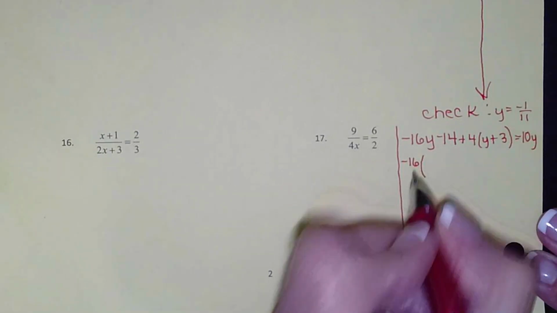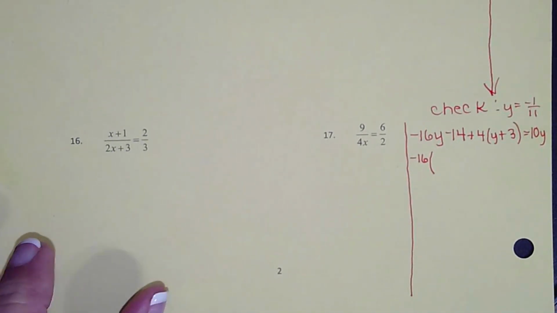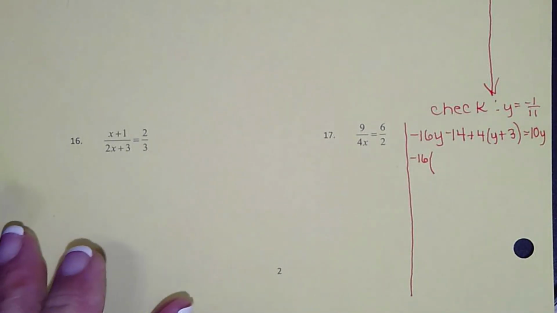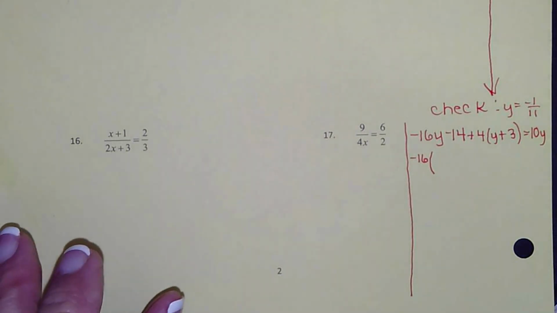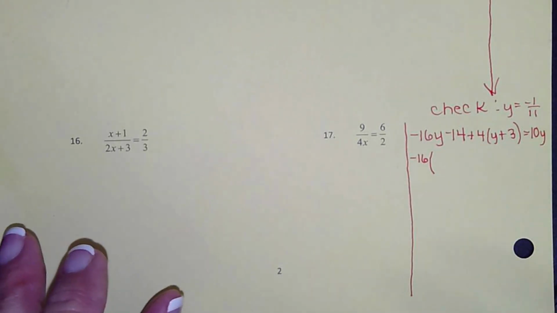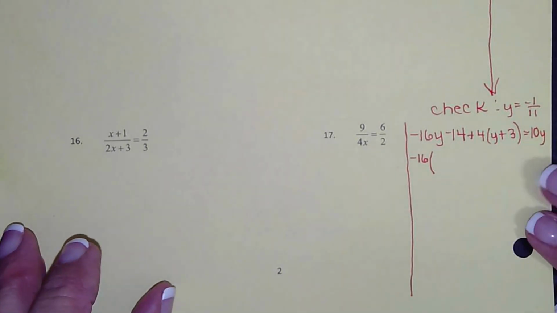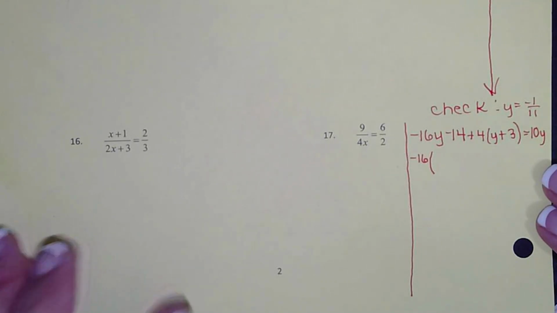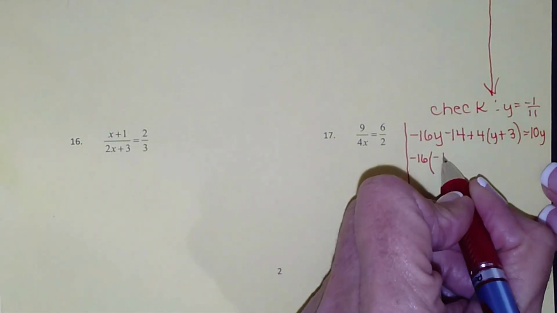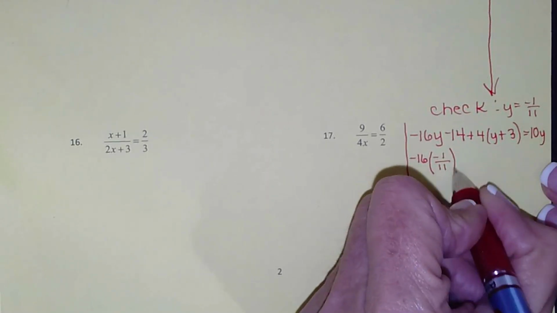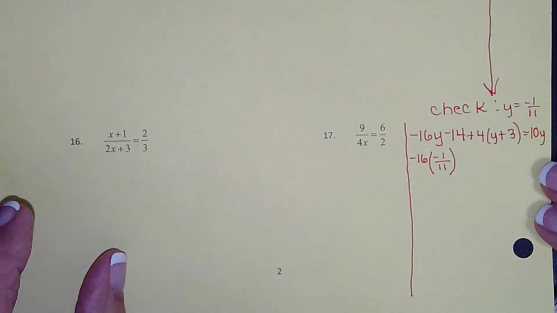And because it's negative, and this is something you're going to learn along the way, keep relearning. Anytime you input a negative into an equation, it must be in parentheses. So negative 1/11. The reason why is if you don't put it in parentheses, that means it's subtraction.